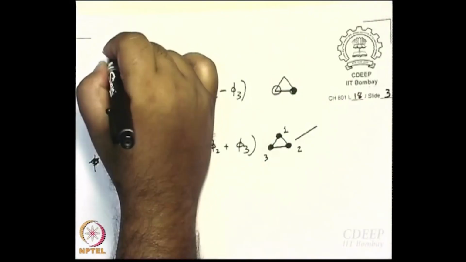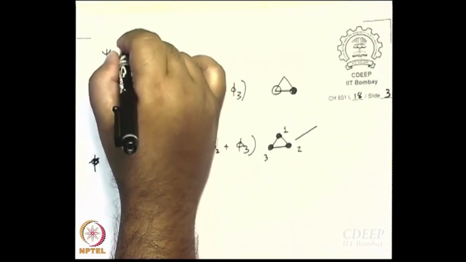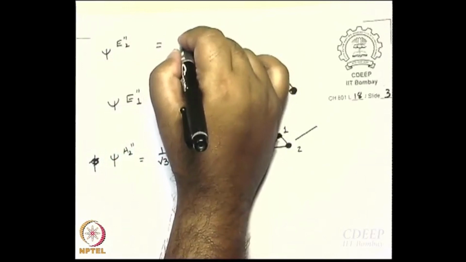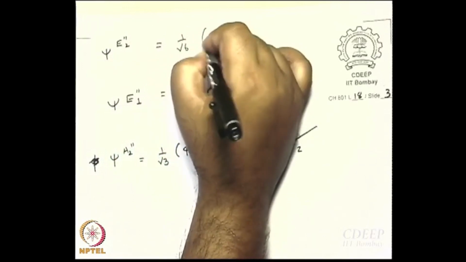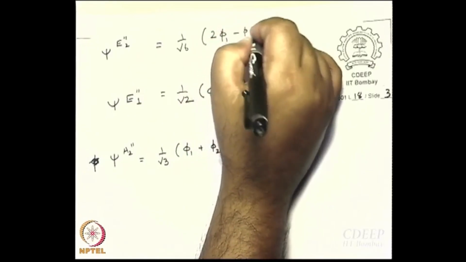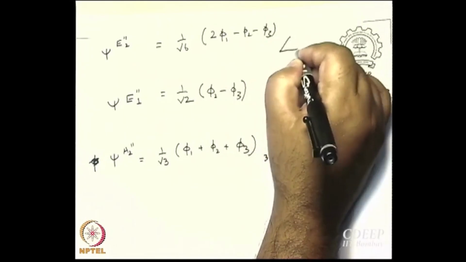The third one, psi E double dashed 2, that is equal to 1 by root 6 (2 phi 1 minus phi 2 minus phi 3). What will it look like?